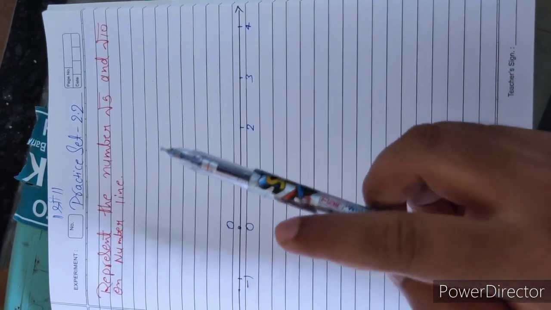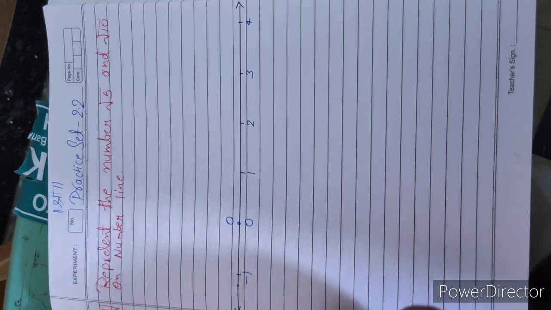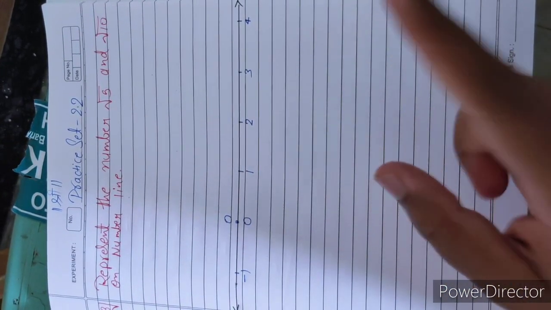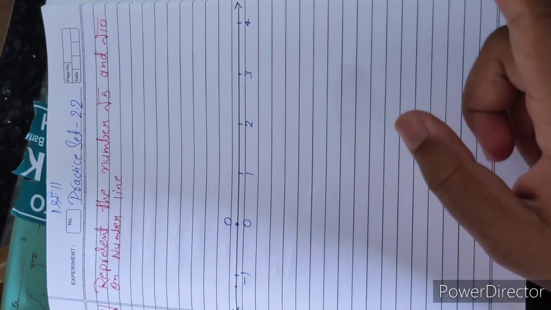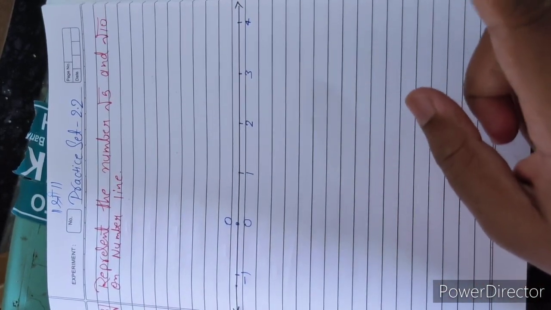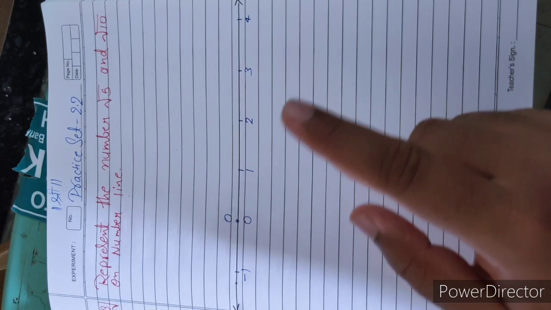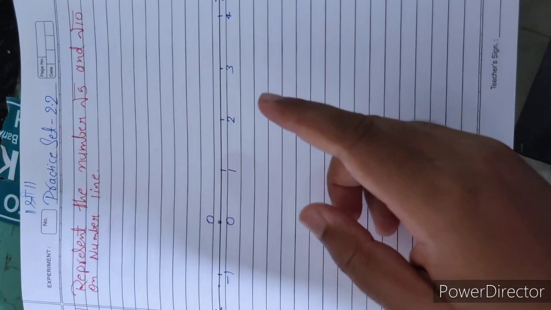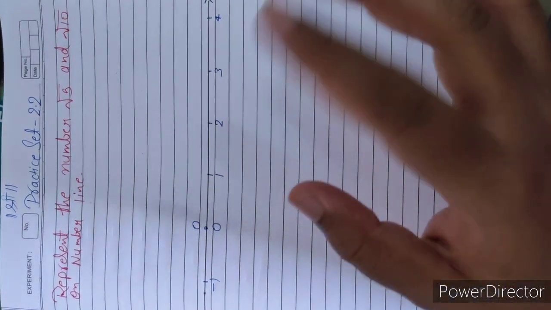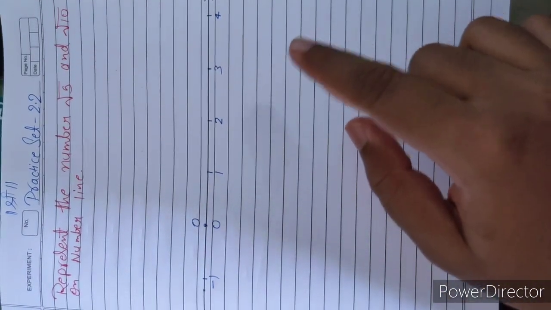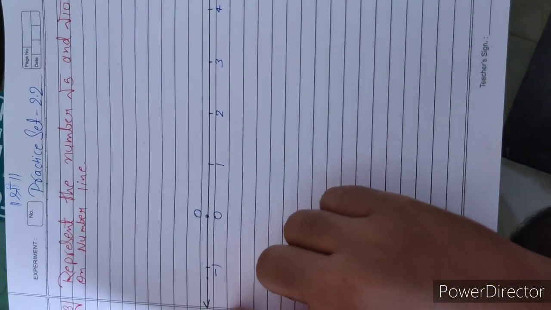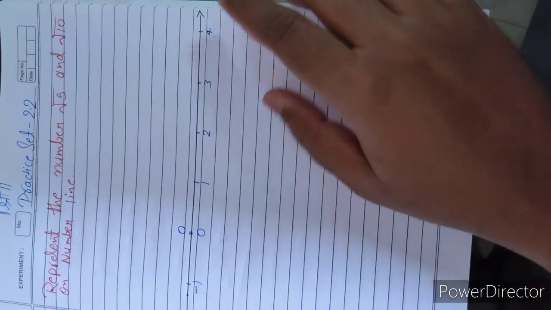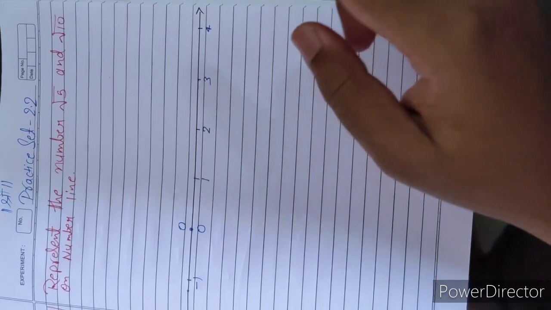So first of all, we know that one value is going to be 2 and another value is going to be 1. So here we will make a Cartesian axis. What is a Cartesian axis? It means the x-axis and y-axis. This flat axis we will denote by x-axis and the vertical axis we will denote by y-axis.